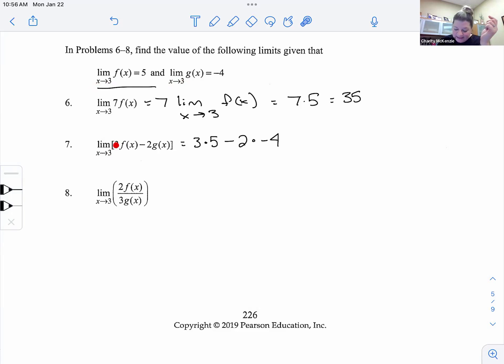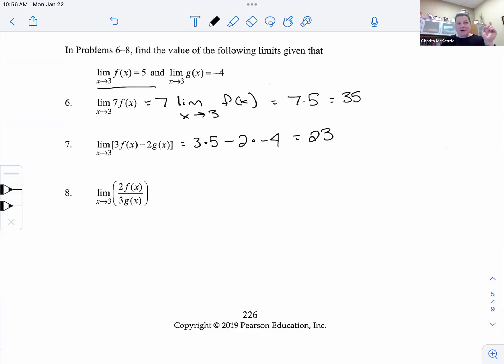That's important. So I keep the 3, keep the 2. This value was 5, this value was -4. And then I just simplify that. So 3 times 5 is 15. So 15, -2 and -4 is going to give a +8. So just 15 plus 8 is a 23.